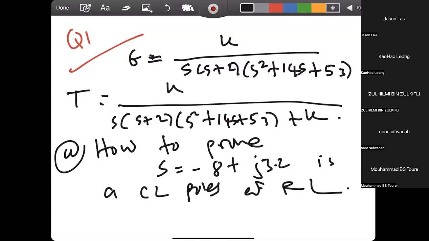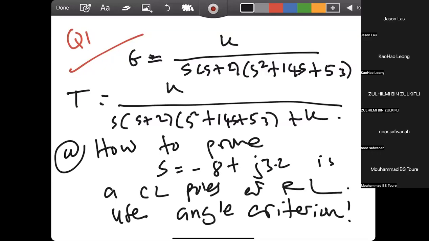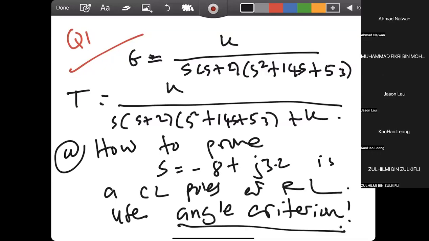How to prove this point? Use what? Use angle criterion. Okay.